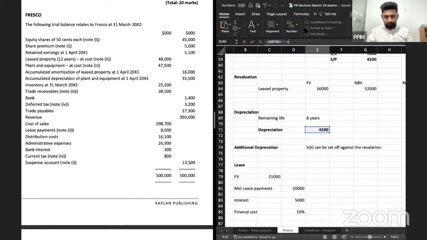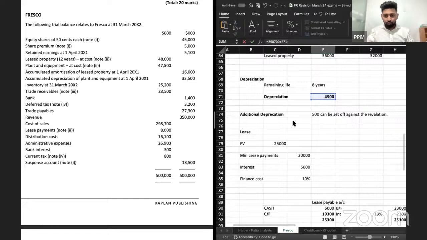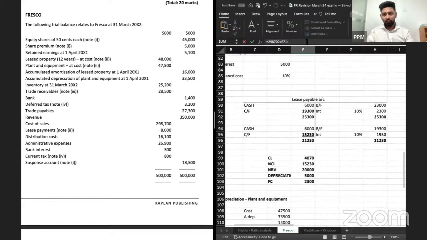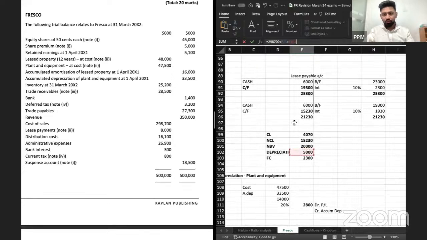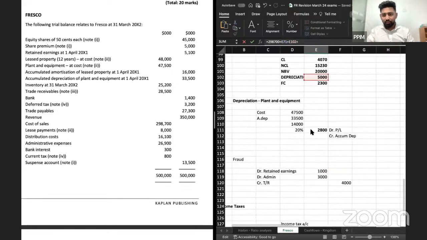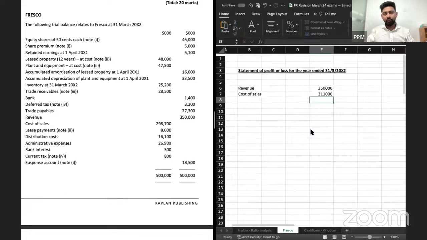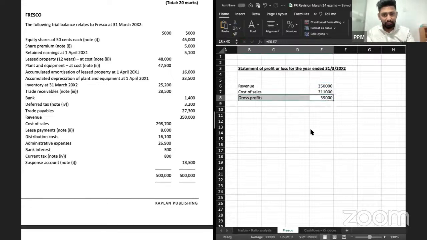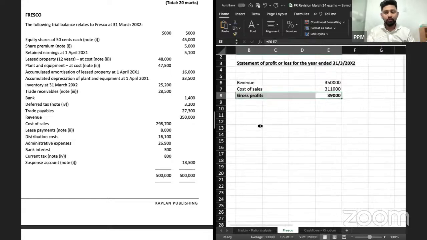And then once again, I've got depreciation here, 5,000. I'm going to add it. Once again, I've got depreciation here, 2,800. I'm going to add it. In total, I've got 311,000. That gives me gross profit of this minus this, 39,000. Are we clear?